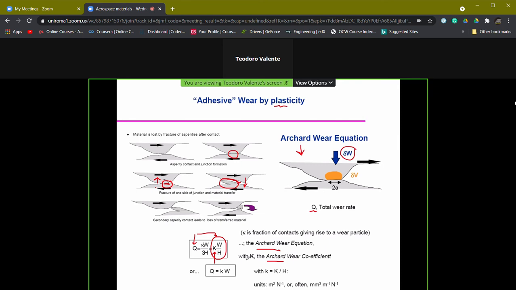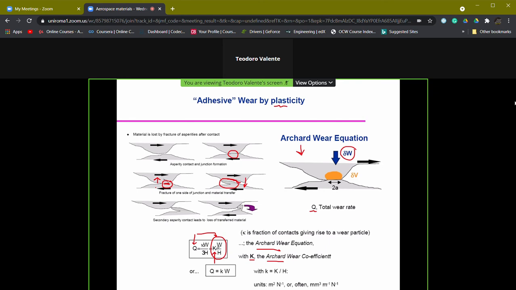So we can define the value of K for steel if we specify that we are considering steel sliding on copper or steel sliding on titanium, etc. And obviously, if we consider steel sliding on copper, the K value is different from the case of steel sliding on titanium.